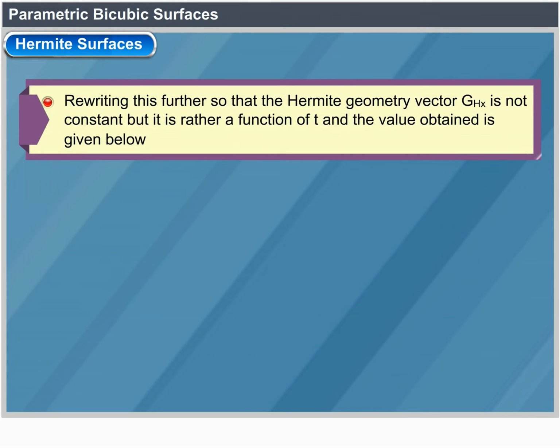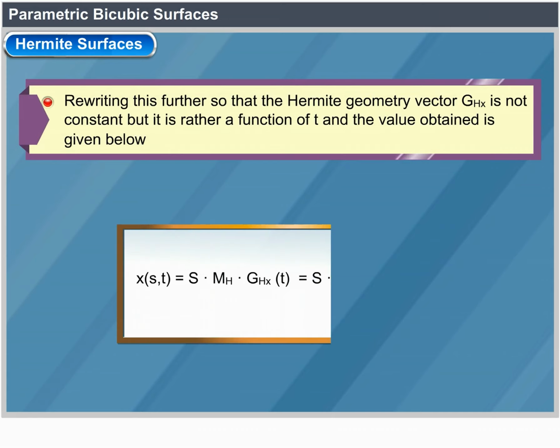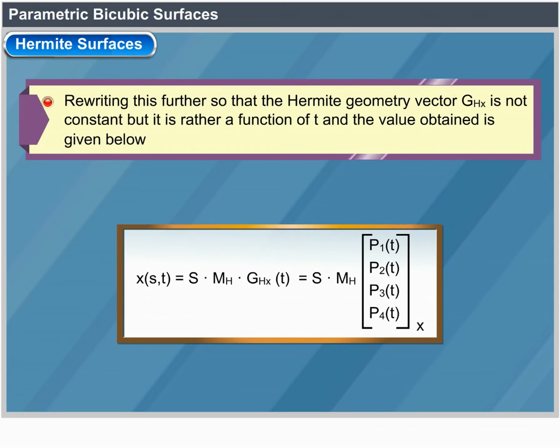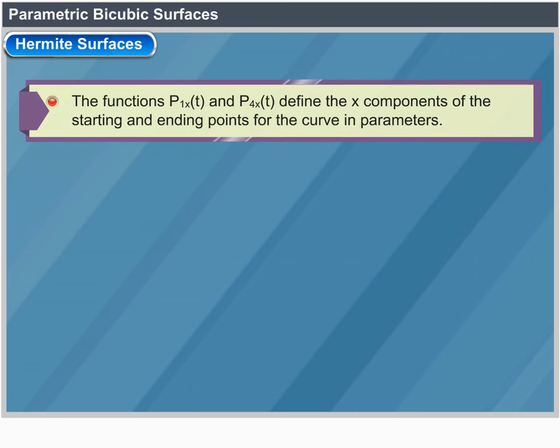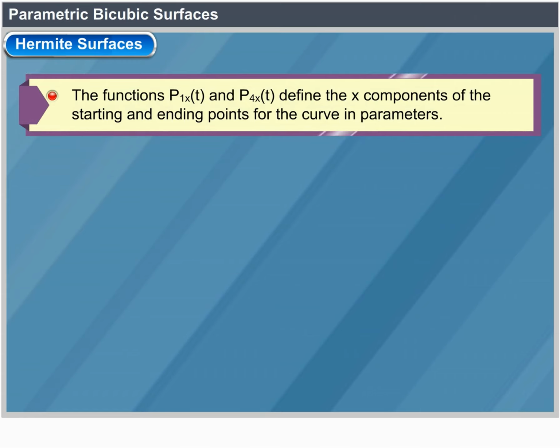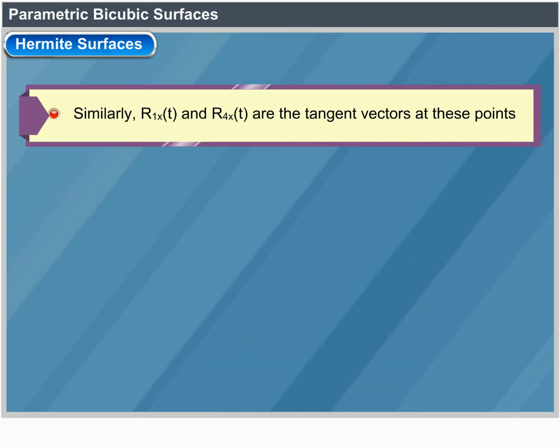Rewriting this further so that the Hermite geometry vector GHx is not constant but is rather a function of T, we obtain the following. The functions P1x of T and P4x of T define the x components of the starting and the ending points for the curve in parameter s. Similarly, R1x of T and R4x of T are the tangent vectors at these points.